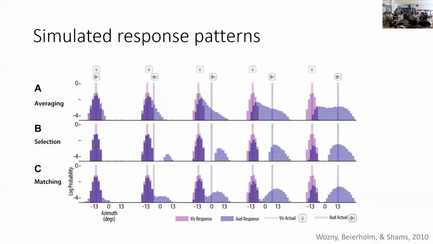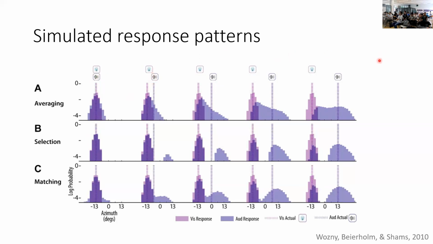A big difference you could read from the first row to, say, this one, averaging, you'd see. So the different columns are from different conditions. Like the first column, you have the visual and auditory stimulus just at the same place.